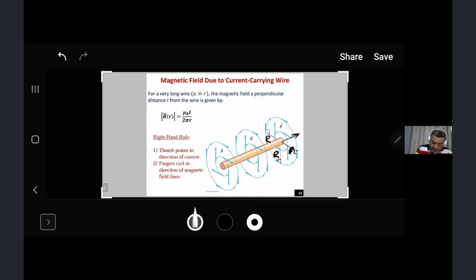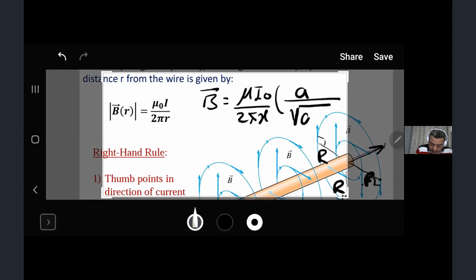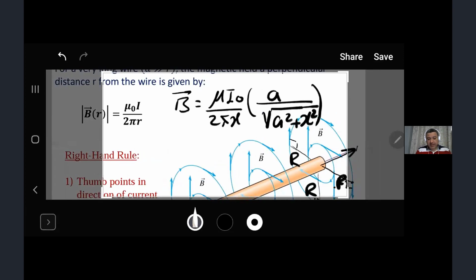In this case, we will be substituting, if you recall, the magnetic field that we found for a finite wire of a length of 2a, which was a over the square root of a squared plus x squared, or I can say r if I replace this x with the radius.